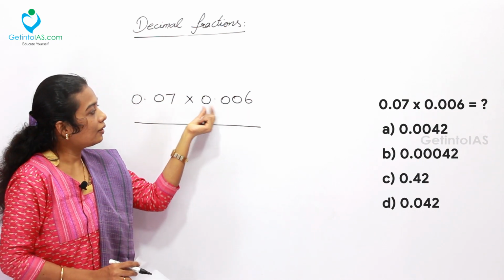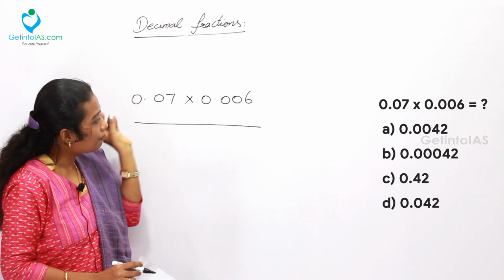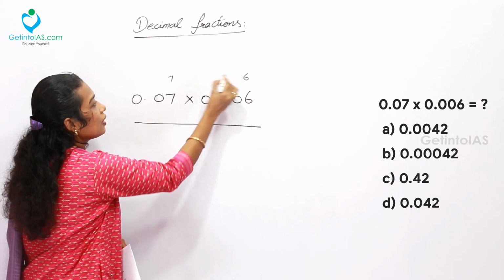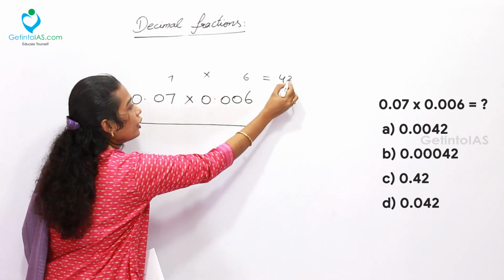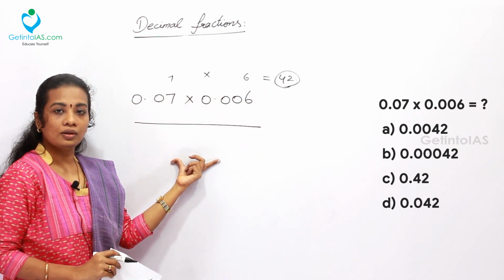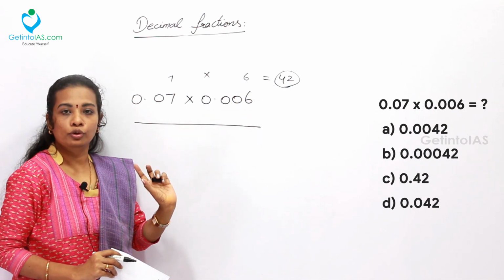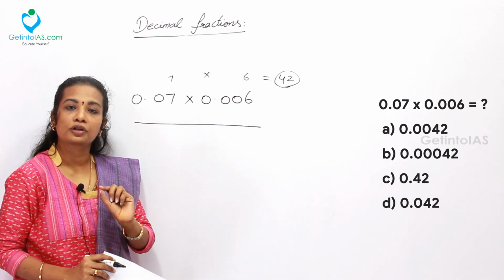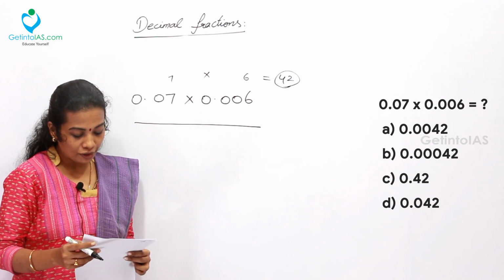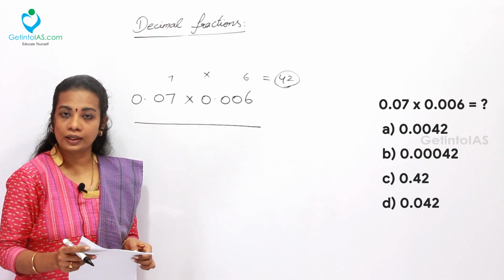Without looking at the 0 point and all, you can simply ignore other values, only looking at 7 and 6. 7 into 6 is 42. So the answer will be in terms of 42. It may be 0.42 or 0.0042 or 0.000042.